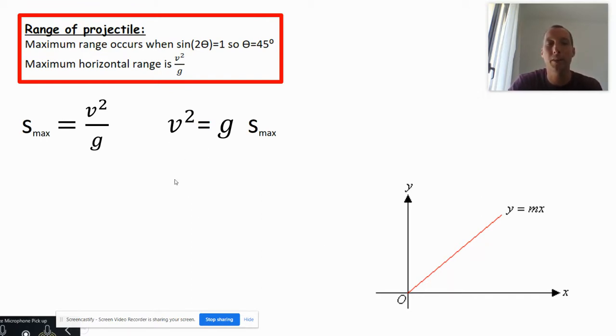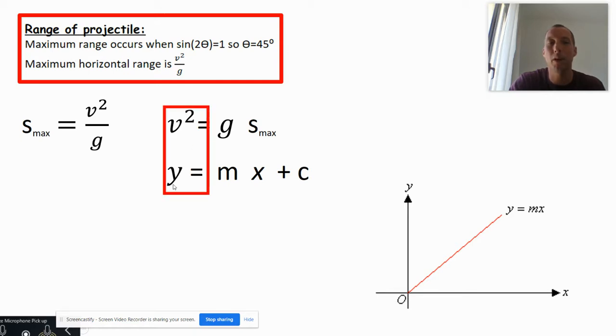If I want this to be a straight line graph, I need it to fit with a y equals mx plus c formula, because that's the formula for a straight line, where y is my y variable, x is my x variable, m is the gradient, and c is the intercept. Now, if I want to get a straight line out of this, I'm going to need to plot v squared as my y-axis variable, and s max as my x-axis variable.